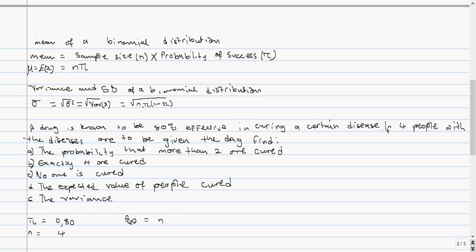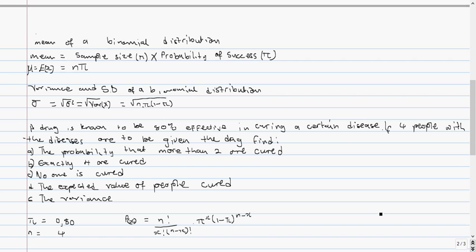N factorial over x factorial, n minus x factorial, times pi to the power of x, 1 minus pi to the power of n minus x.